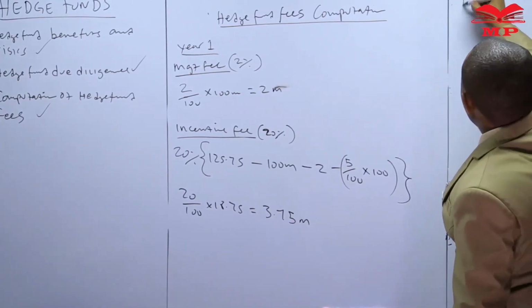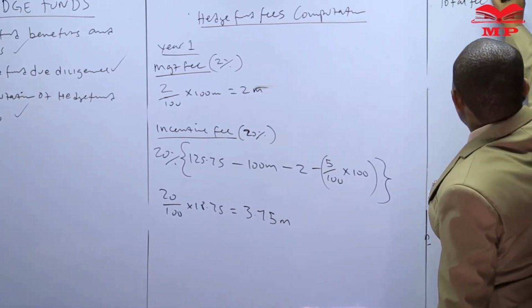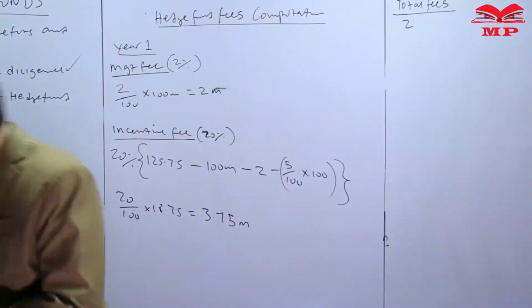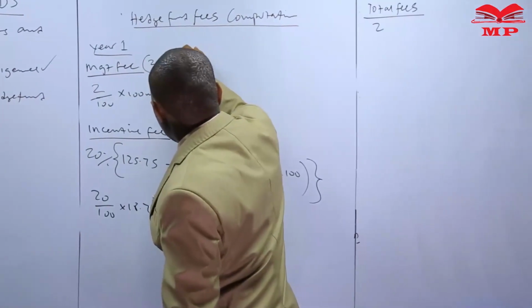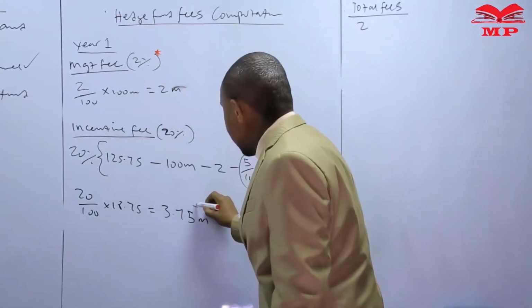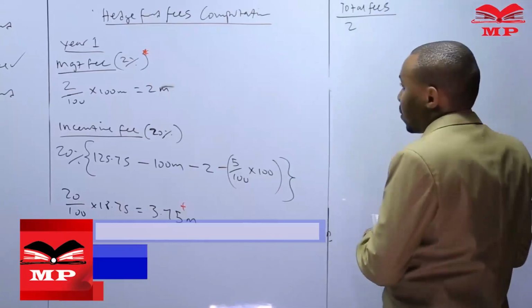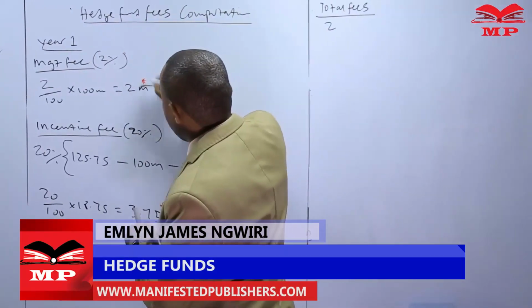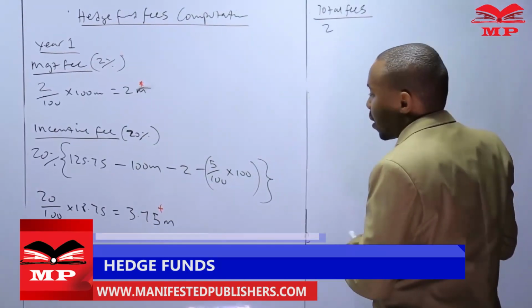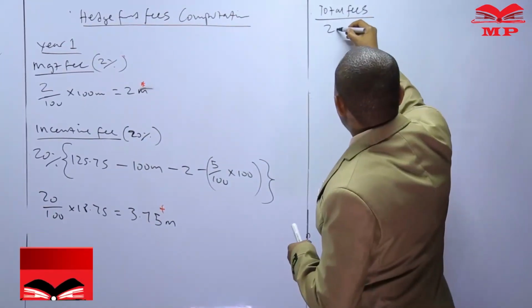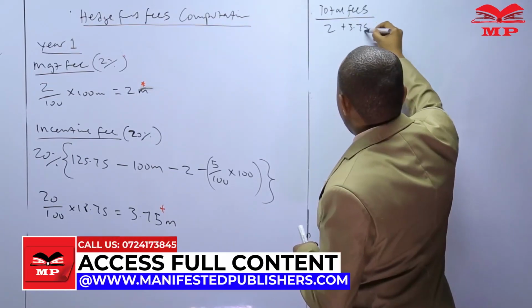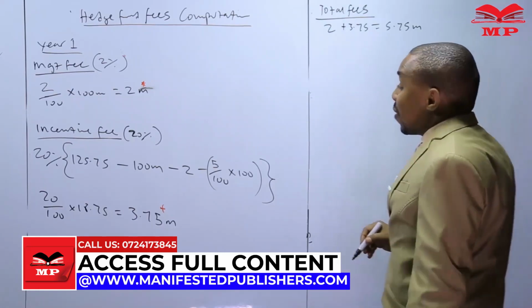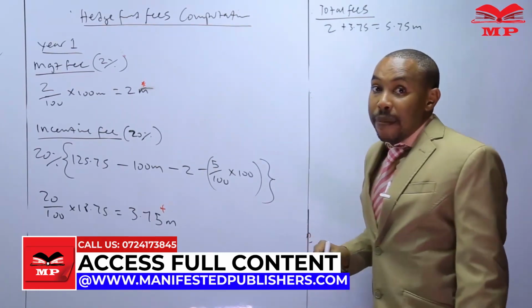So the total fees is given as 2, which you're seeing over here, plus this one, in fees. So it's 2 million plus 3.75, you get 5.75 million. That's the total fees. Now, once you have the total fees, we can determine the ending value.